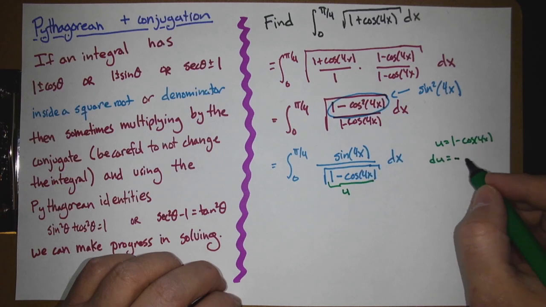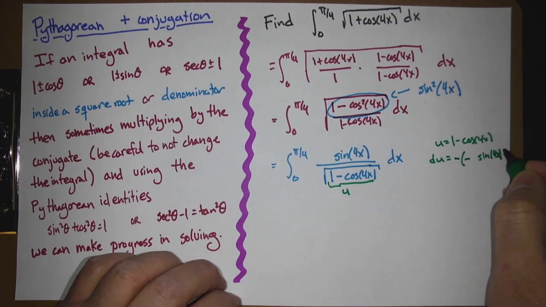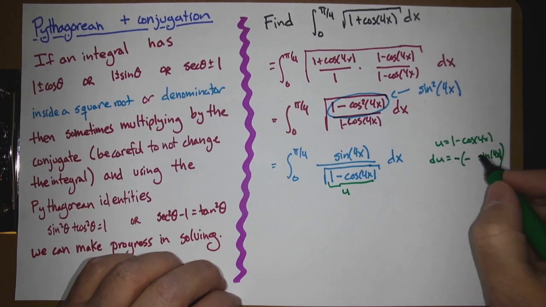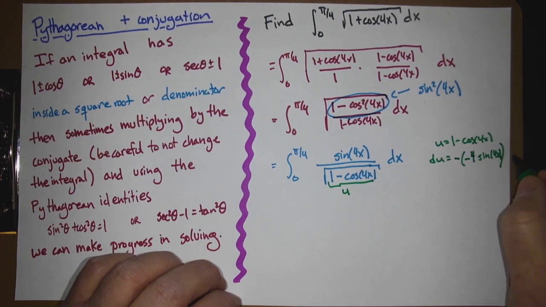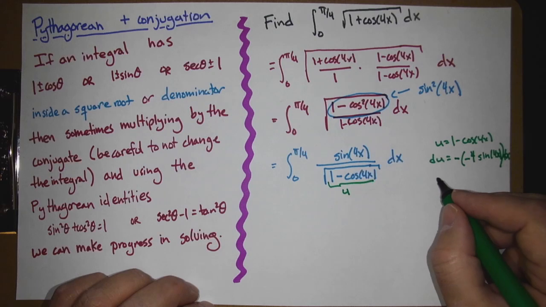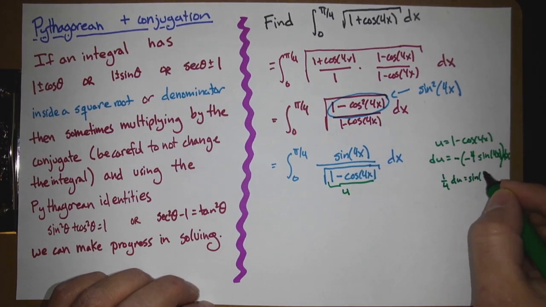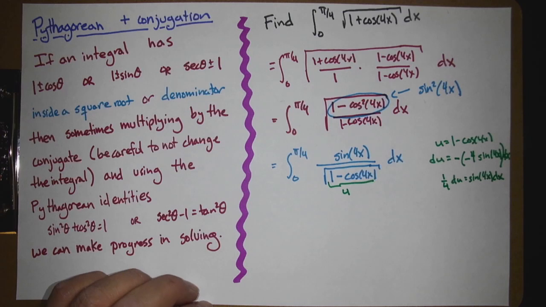There's a minus there. The derivative of cosine is going to be another minus sine of 4x. Anything else? Put in a 4. Anything else? dx. I don't have quite enough room, but I'll pretend like I do. So we could also write this as 1/4 du is sine of 4x dx.